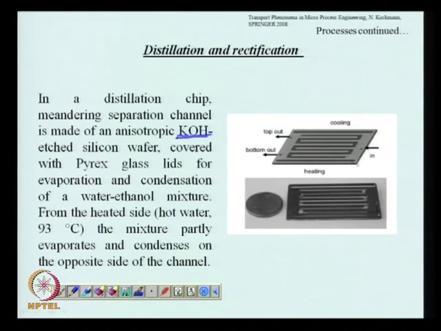KOH essentially etches silicon depending on the crystal plane it encounters. That is why it is called anisotropic etching. That means, in one specific direction the etching will be a lot faster compared to the other direction. As a result you can get nice shapes, the most common one being a V groove.